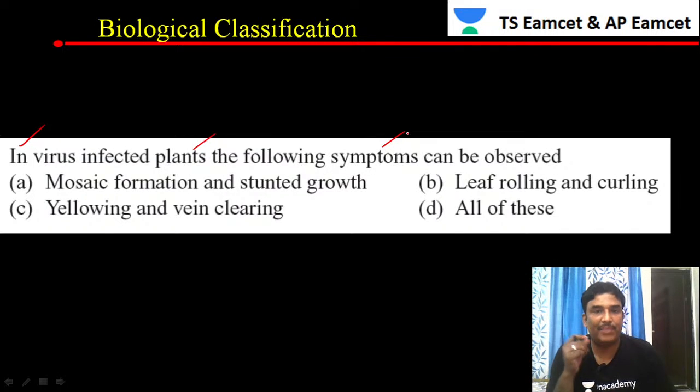Can you answer this question? Of course, very good. Option D is the right answer.